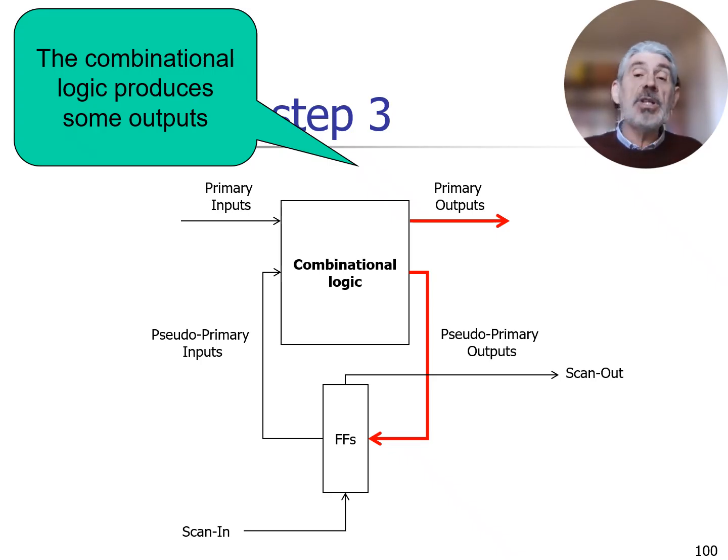But what I can do is now move the circuit back to normal mode. In normal mode, the flip-flops sample the values coming from the combinational logic. And so I can capture in the flip-flops the values on the pseudo-primary outputs, including the differences created by the fault or the faults I want to detect.